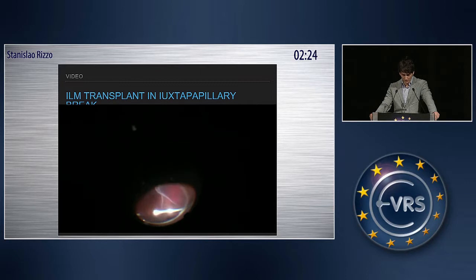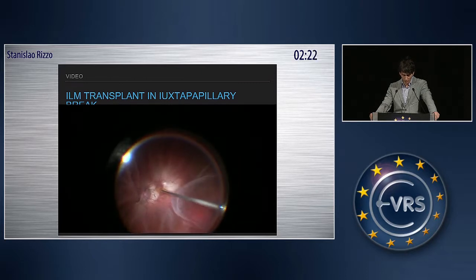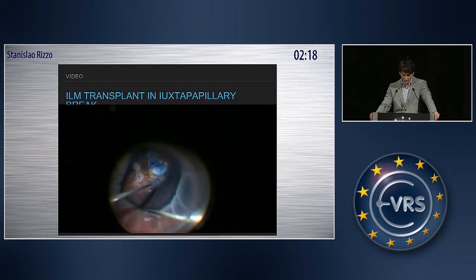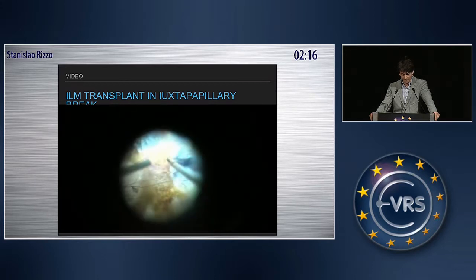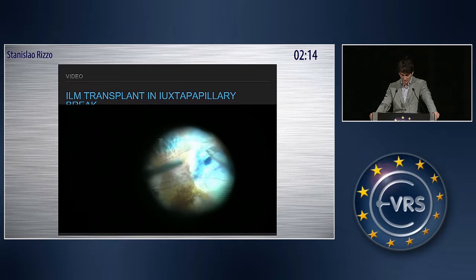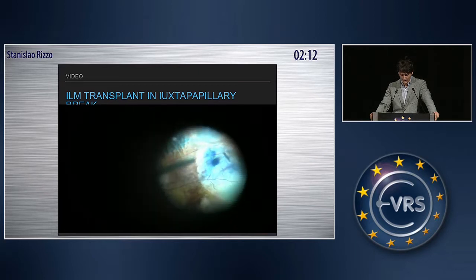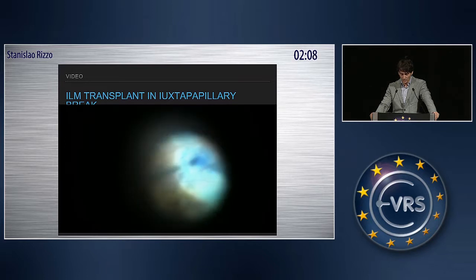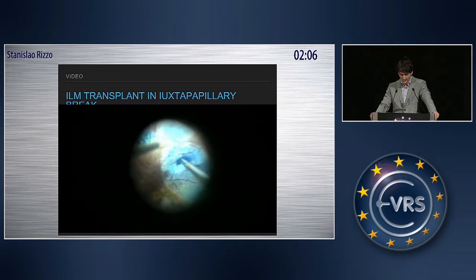Second case: total retinal detachment, macular hole, and in addition we can see during the surgery paravascular breaks in the inferior arcades. We remove the ILM, and as you see, the paravascular breaks are stained with the vital dye.